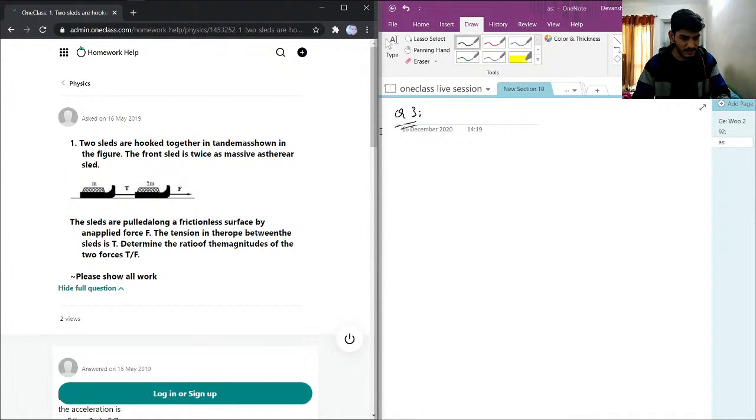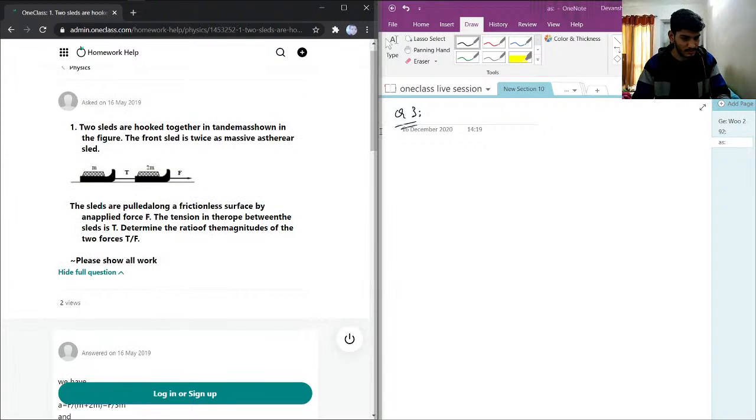The front sled is twice as massive as the rear sled. So the mass of the front one is 2 times the mass of the second one. These sleds are pulled along a frictionless surface by an applied force. We have no friction.